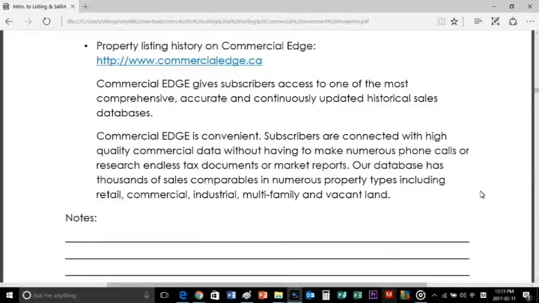Commercial Edge is convenient. Subscribers are connected with high-quality commercial data without having to make numerous phone calls or research endless tax documents or market reports. Our database has thousands of sales comparables in numerous property types, including retail, commercial, industrial, multifamily, and vacant land.